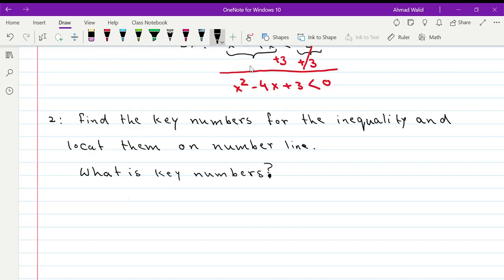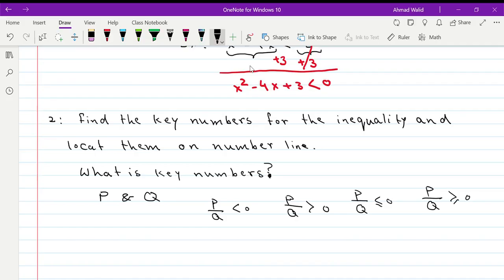For example, let's say P, capital P, and Q are representing two polynomials, correct? They are two polynomials. If I have P over Q, I have 4 cases. P over Q less than 0, P over Q greater than 0, P over Q less than or equal to 0, P over Q greater than or equal to 0. 4 cases.